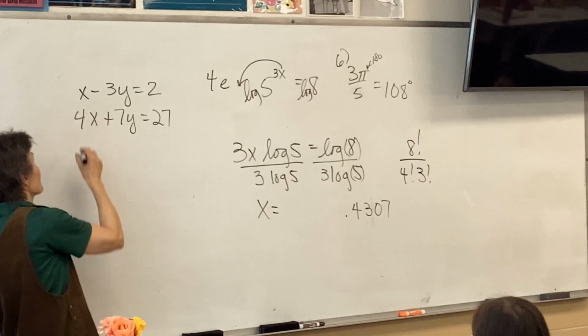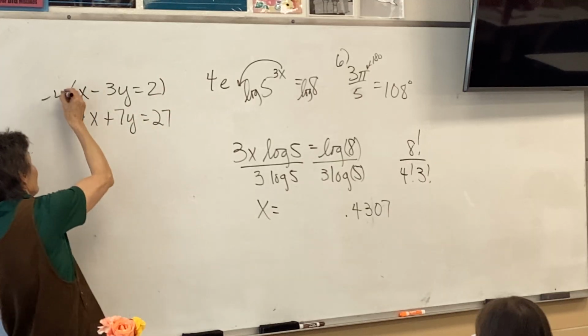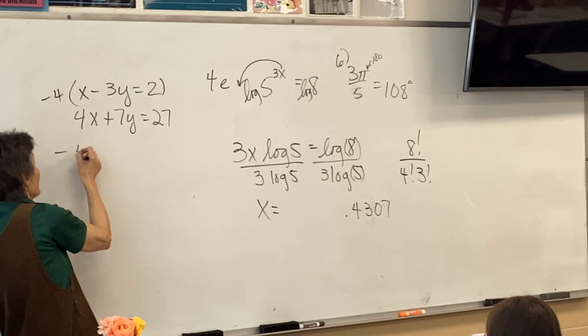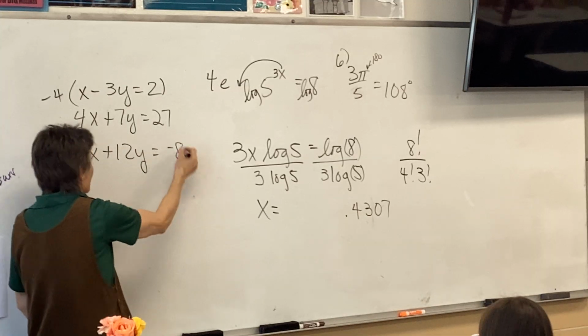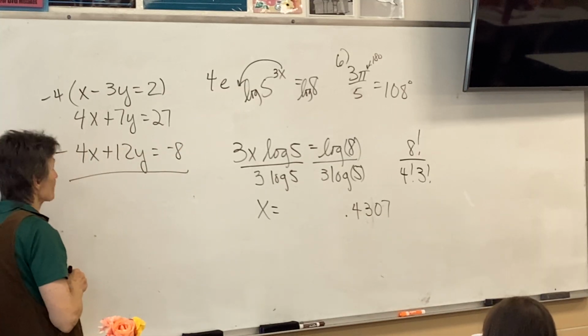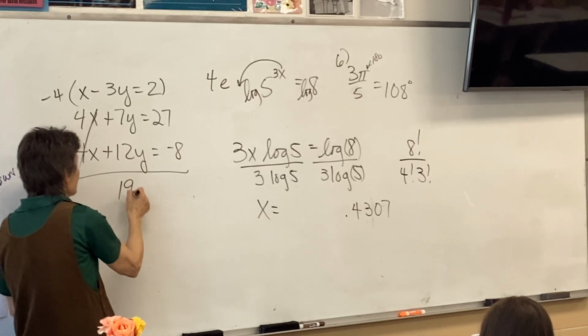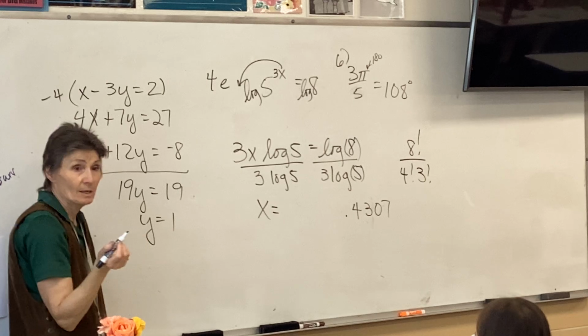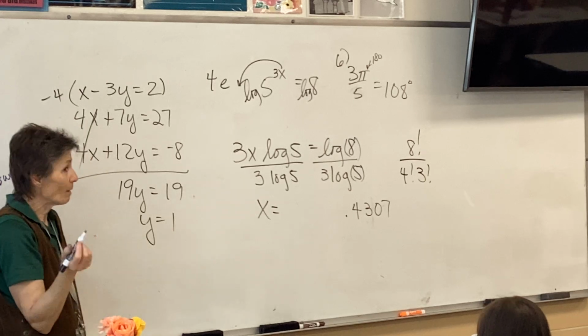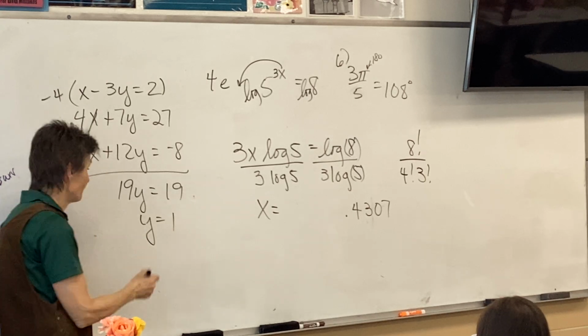If I multiply the top row by -4, I get -4x plus 12y equals -8. So 19y equals 19, and it looks like y equals 1. No matter how you do the problem, you're going to get y equals 1.